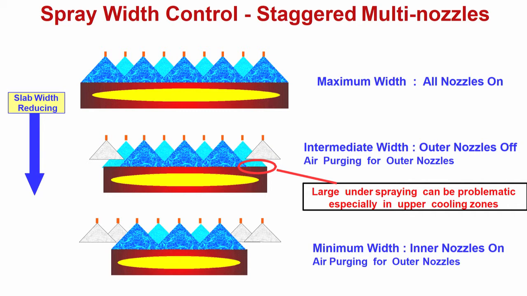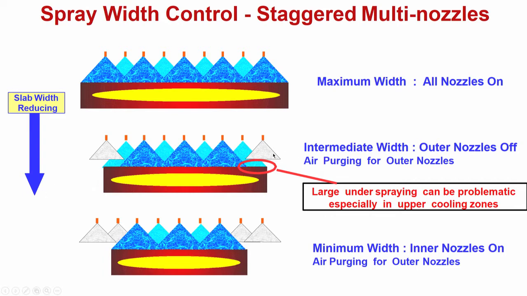So a lot of cooling is necessary, and the intensity of cooling is relatively more, because excessive heat is there inside the strand. We want a large amount of cooling so that the temperature of the strand comes down and the shell thickness increases.